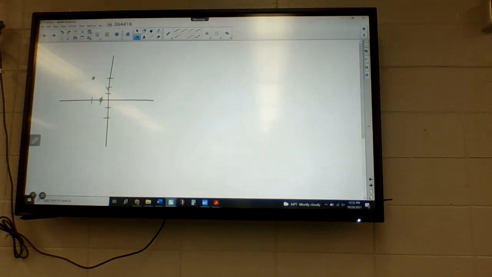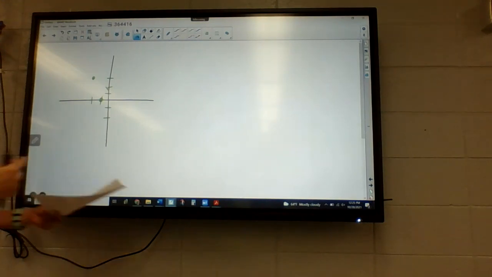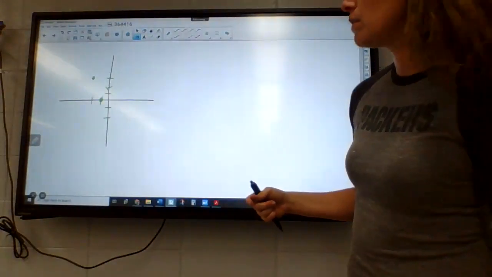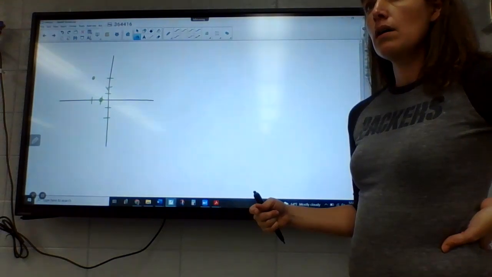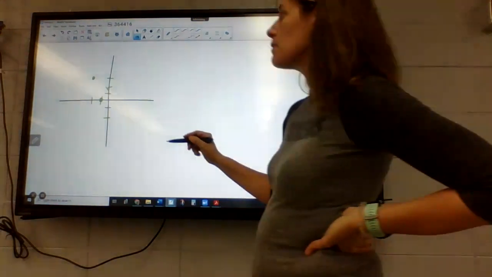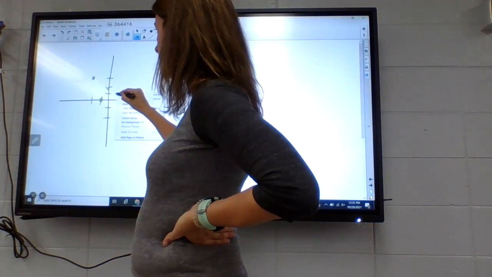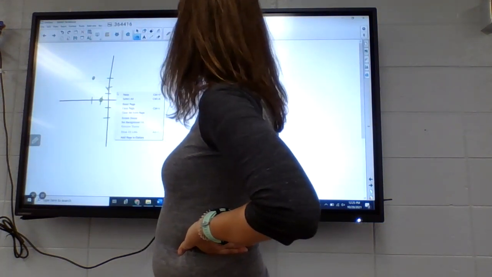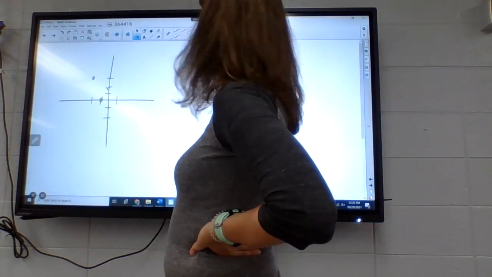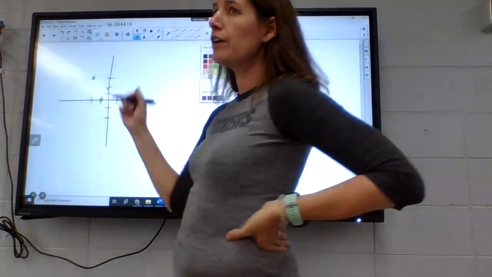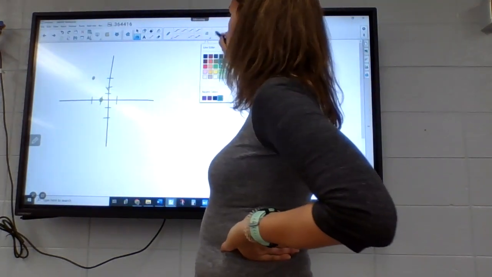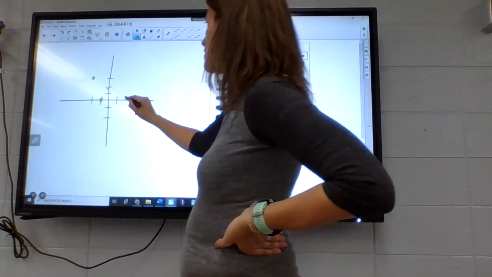We have notes on this. This isn't the only time we've done this. You're verifying its inverse. You're not finding an inverse, you're verifying that it is the inverse.